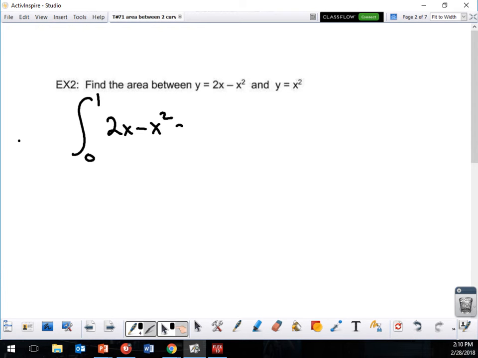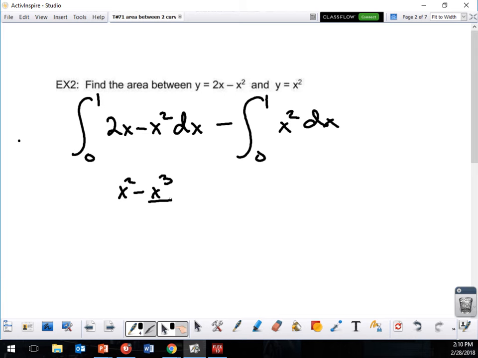Oh wait, oh look at this. The integral of 2x dx minus from 0 to 1 x squared dx. It's going to be x squared minus x cubed over 3, from 0 to 1. 1 minus 1/3 is going to give me 2/3, right?